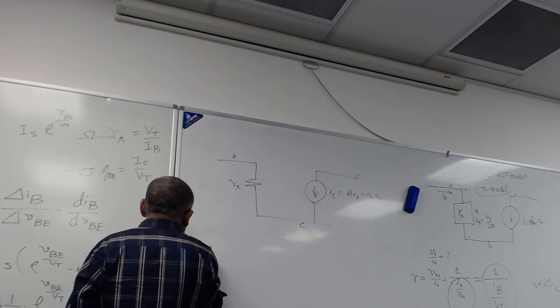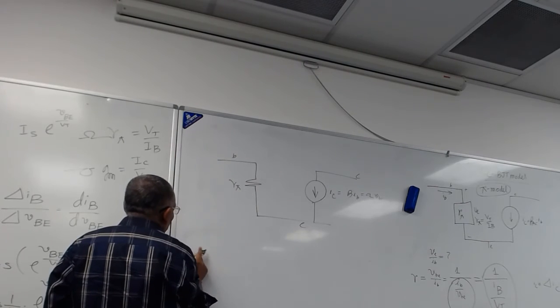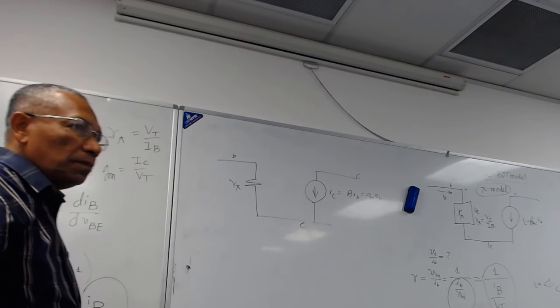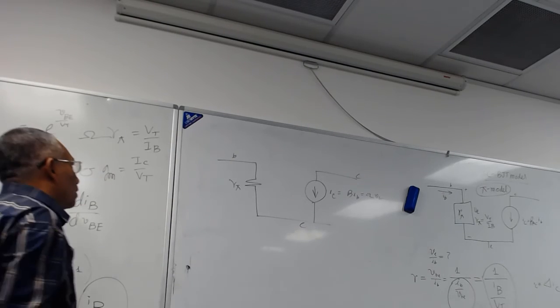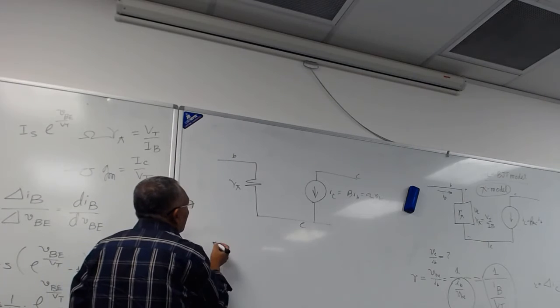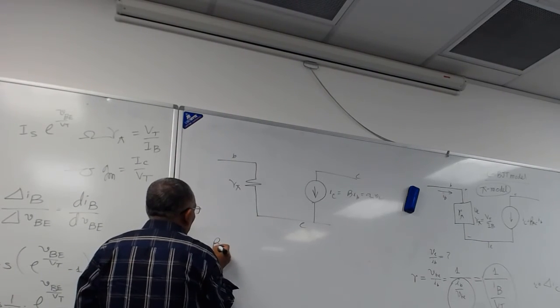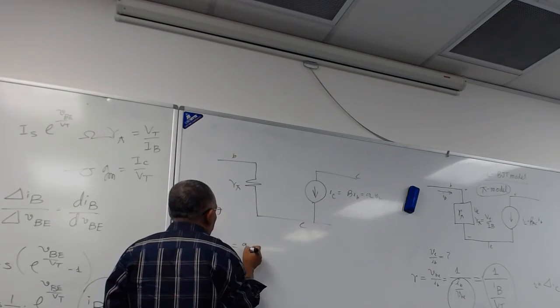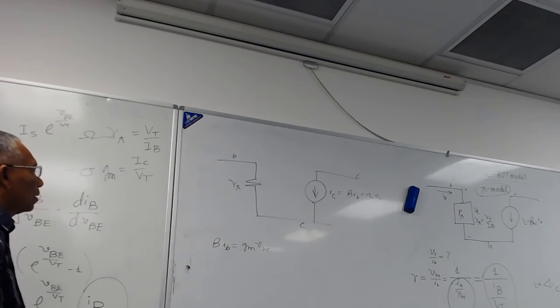Now look at the R pi. What is the relation of R pi with beta and Gm? Because we have beta, we have Gm, and we have R pi. You can deduce that in many ways. One way: beta IB equals GmVBE.